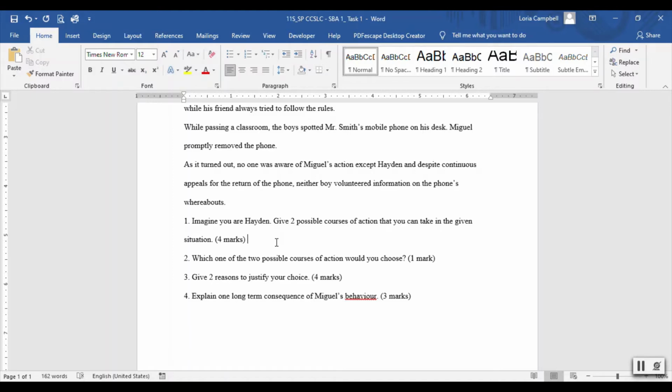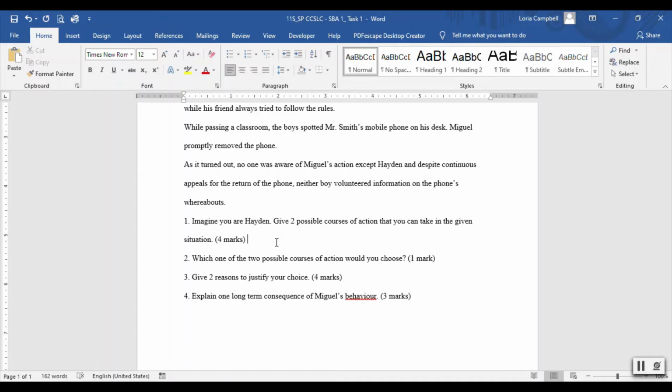So we would start by saying, I would tell Miguel to return the phone, or if I were Hayden, I would tell Miguel to give back the phone, etc. So in order to make a complete sentence, try to pull words from the question when starting your answer, in order to ensure that it keeps you in line.